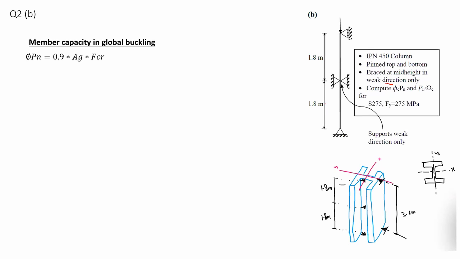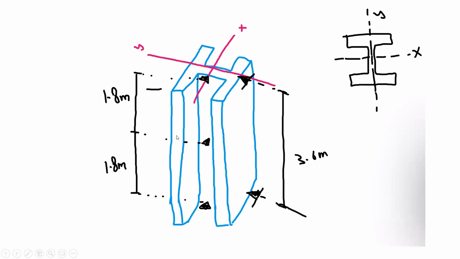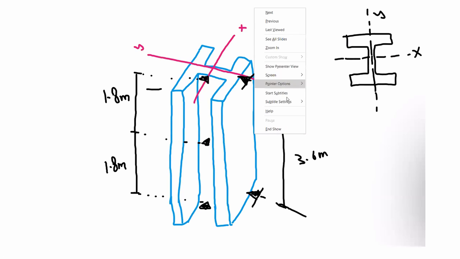So if you actually consider this IPN 450 and sort of like draw a 3D for this member, let me show it bigger. Go to this other slide. Okay, so if we consider this part in here, now it is braced on the weak direction or the weak axis.